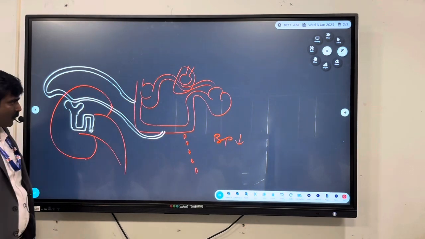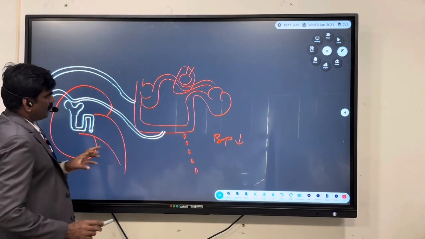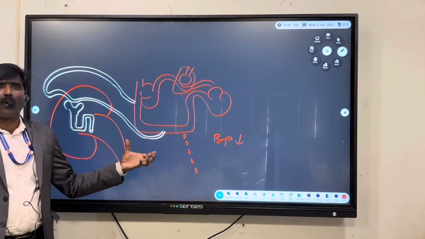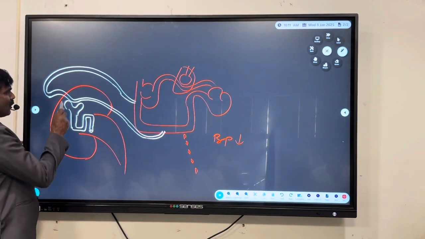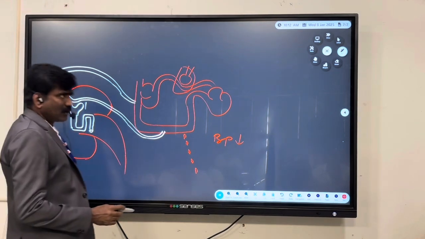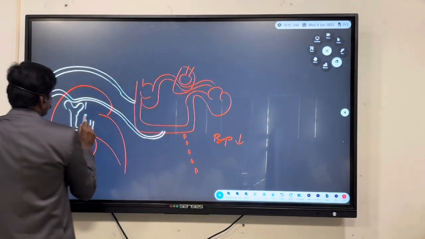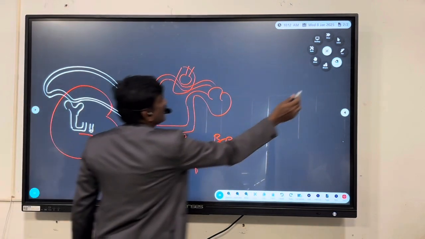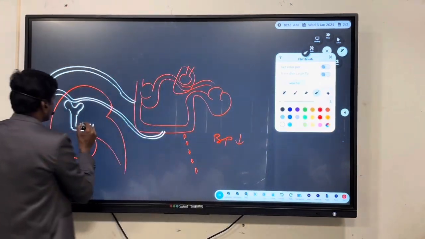Right? Okay. So at the smooth muscles, listen carefully, the smooth muscles of the afferent arteriole, what is this point called? What is this point called? Glomerulus, right?